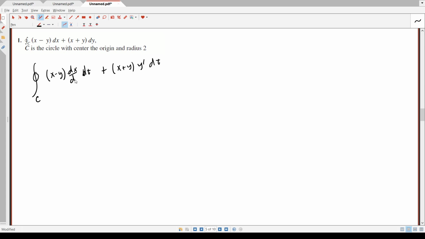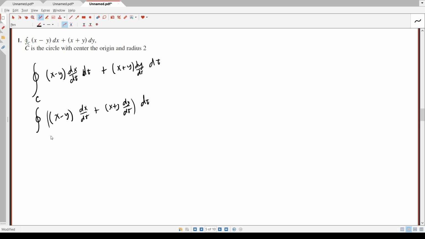I'm just explaining what you're looking at. Okay, so this is dy dt. So if I factored out the dt, then I have x minus y times dx dt, plus x plus y dy dt, integrated with respect to dt.